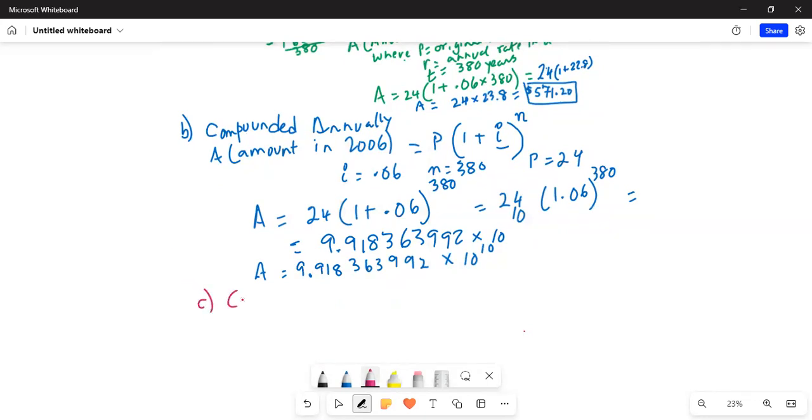The more compounding periods there are, the more will be the growth of the original investment, as you will see. Compounded semi-annually means 2 compounding periods per year.